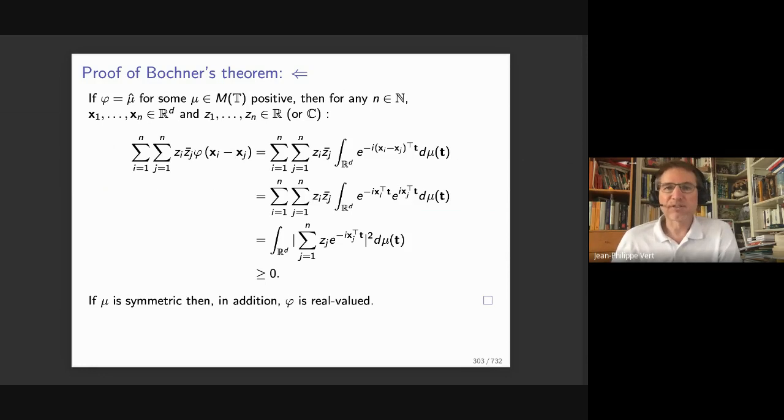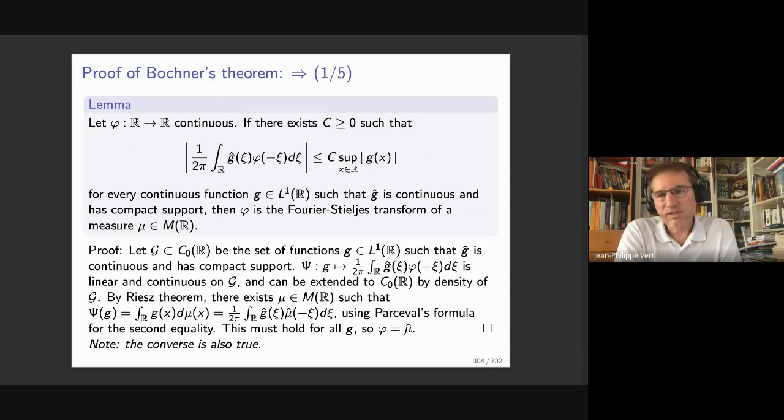The only difference is that now the integral is over R^d and not over 0 to pi. It's the same trick: the exponential of the sum is the product of the exponentials. This allows us, again, to obtain the non-negativity of the quadratic form in Z. For the other direction, I will just skip it. Please have a look if you're interested.